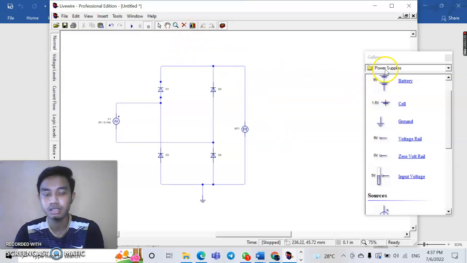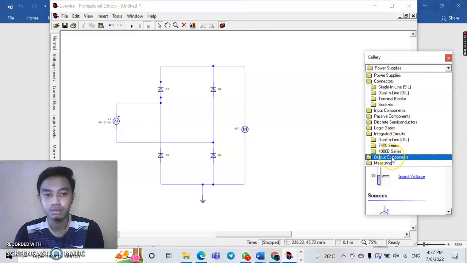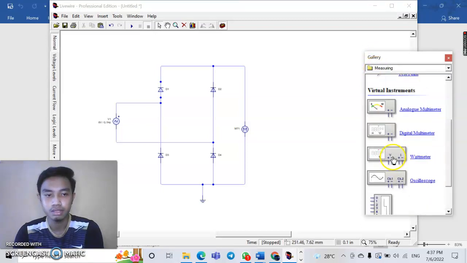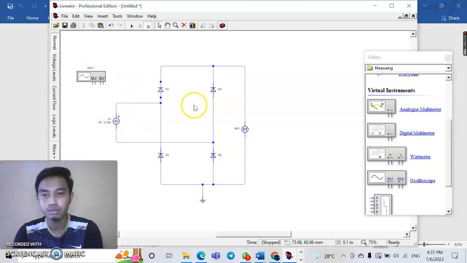First thing first, we need to take the oscilloscope at the measuring. Here we have to measure two components, which are the AC power supply and the motor. So we need two oscilloscopes.